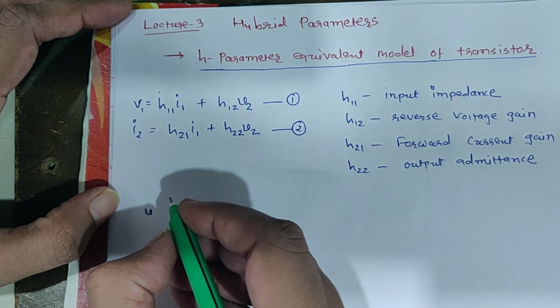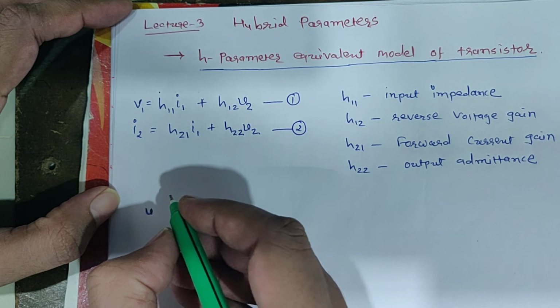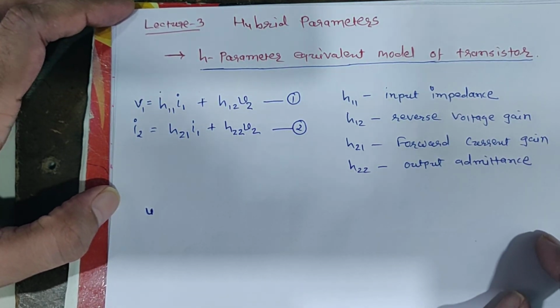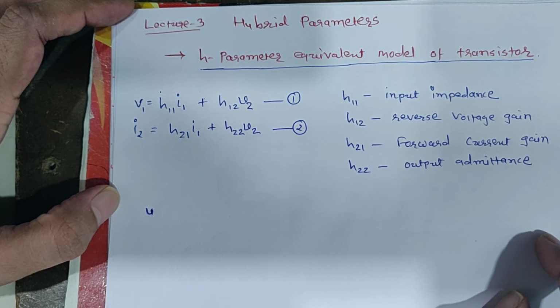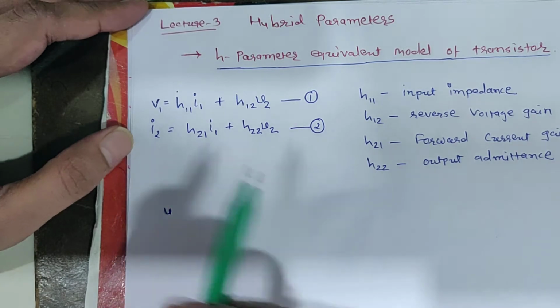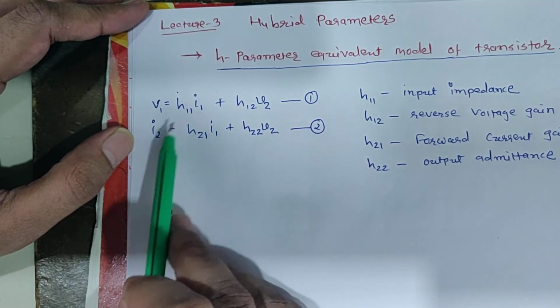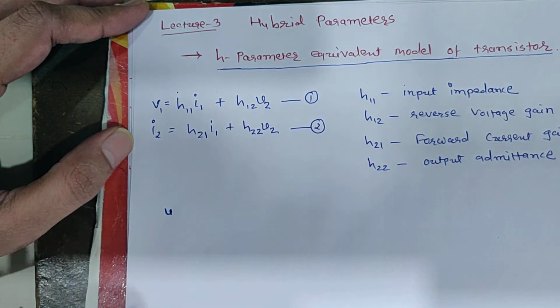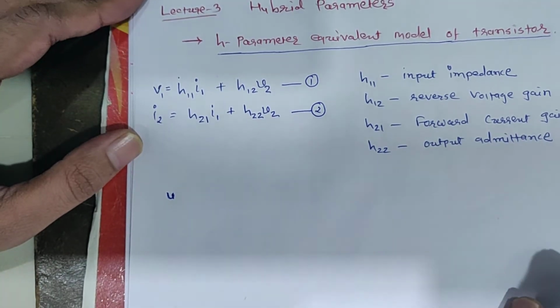The H parameter model is basically required for AC analysis of the transistor, so all these four quantities V1, I1, V2 and I2 are now in small letters.